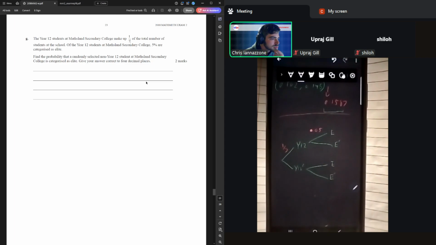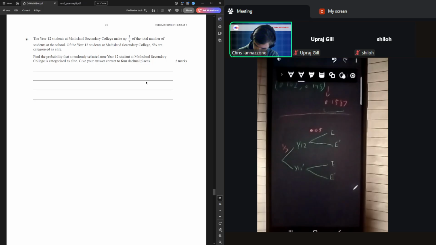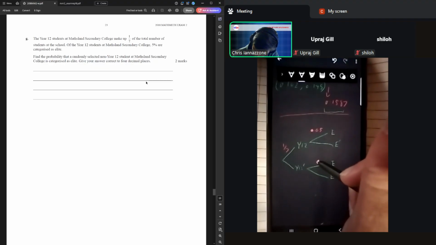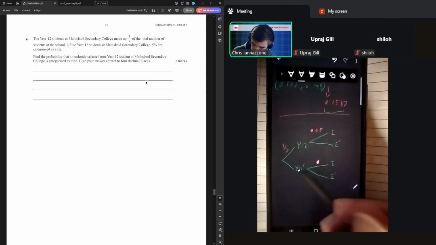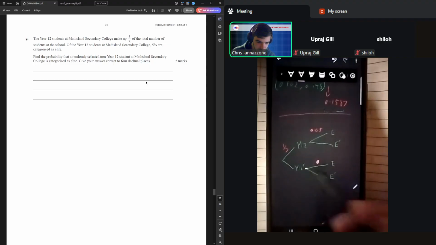And we want to find the probability that a non-Year 12 is elite. So that spot there is a non-Year 12, and we want to find the probability of them being elite.